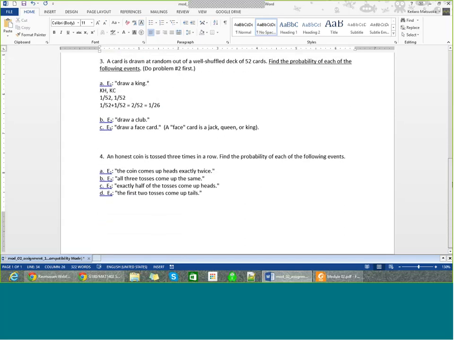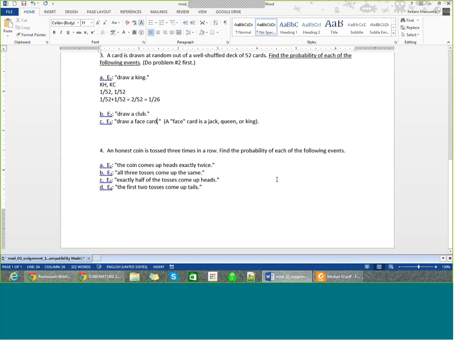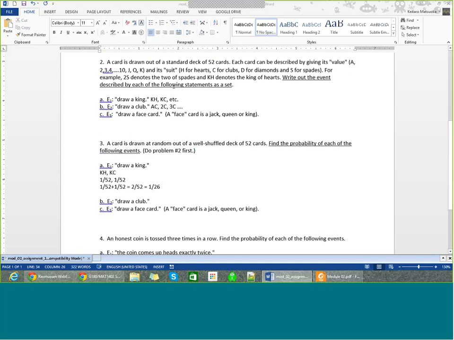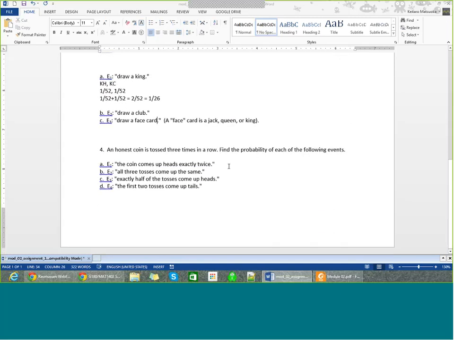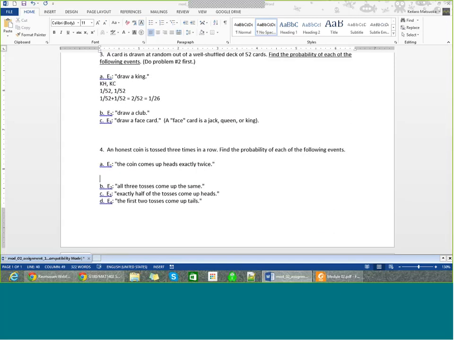So the last part is finding the probability of each of the following events. Well, this is a combination of questions 2 and 3 in steps. Okay, so let me do 4A, for example. If you toss the coin 3 times, what's the chance that each event happens?